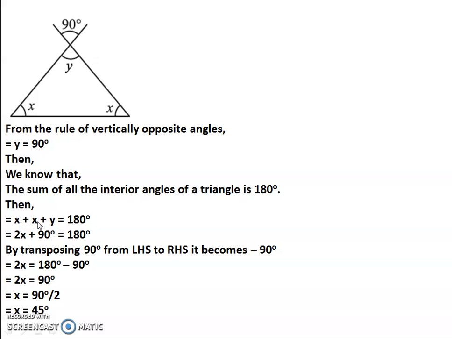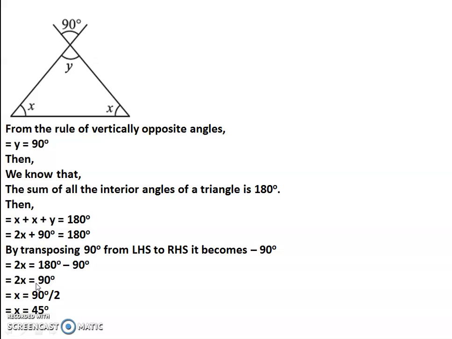What is x plus x? x plus x is 2x. So, 2x plus 90 degree equal to 180 degree. By transposing, I can write it as 2x is equal to 180 minus 90 degree. What is 180 degree minus 90 degree? It is 90 degree.